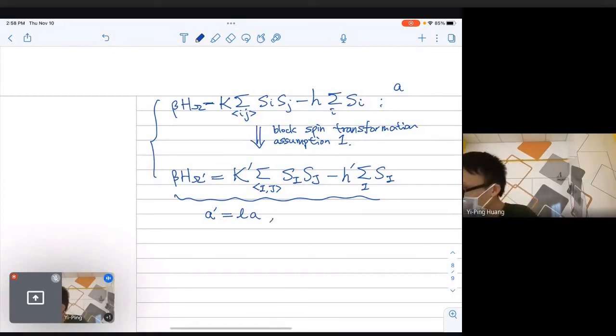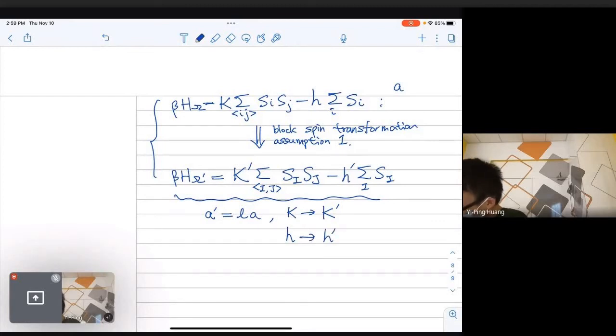And as we already mentioned, K will change into another coupling constant K prime according to our notation, and H will become another coupling constant H prime.